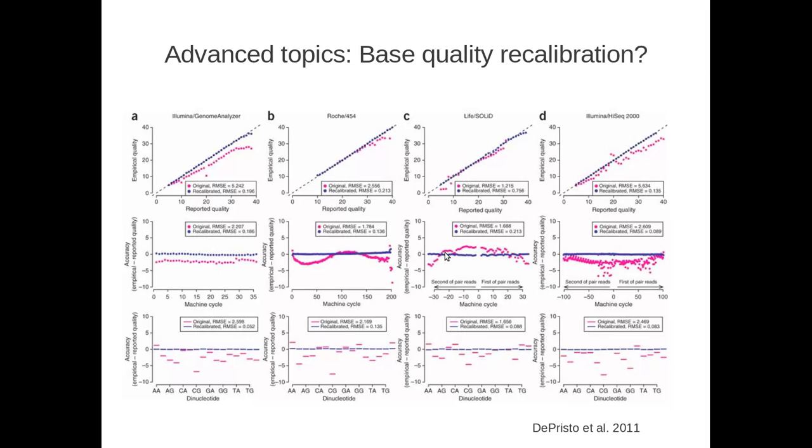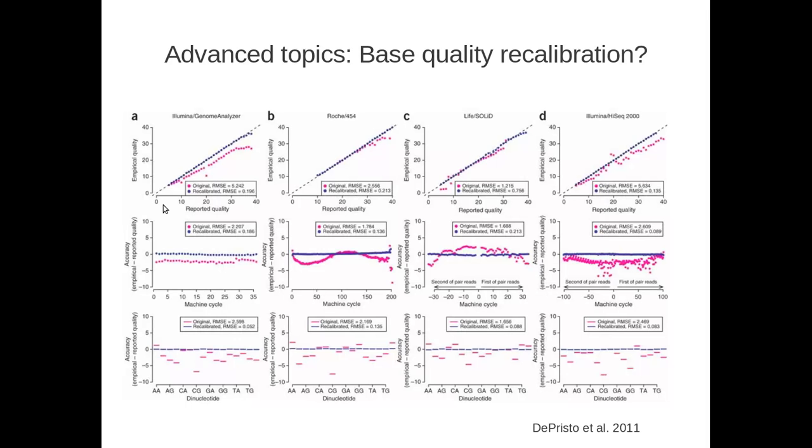Why is that? The reason is that the genotyping likelihood model that I just showed in the previous slide relies on those error probabilities. If those error probabilities are systematically overestimated, as they appear to be based upon this figure, that means you have too much confidence in a base at a particular position in a read.